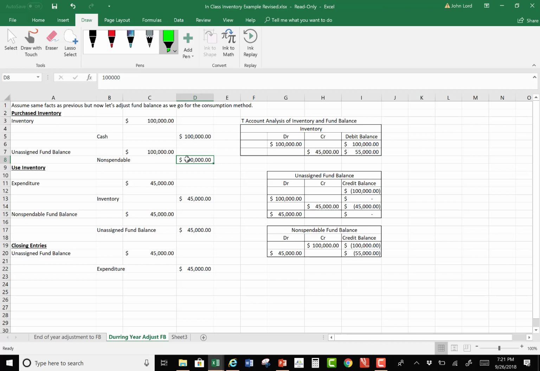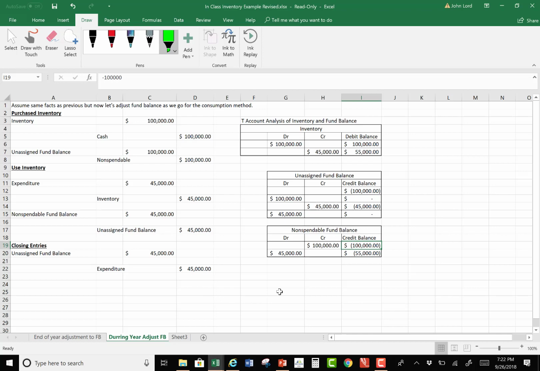When I do, my balance sheet will now show what? It will show inventory of 100,000. My unassigned fund balance will now be what? 0, and my non-spendable fund balance will be how much? 100,000. The world is perfect. Non-spendable equals the inventory. Right? Okay.